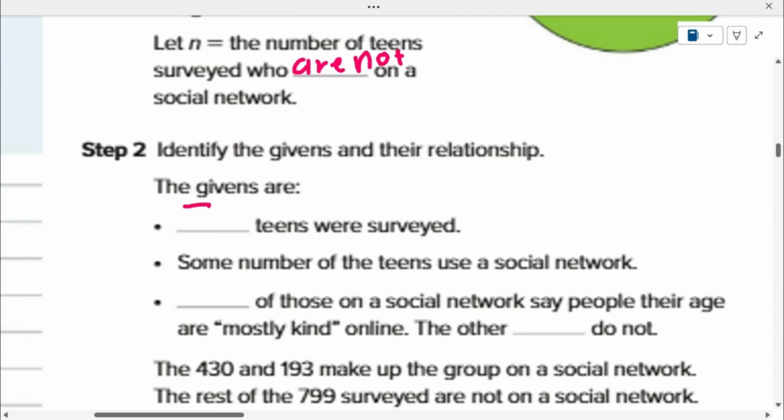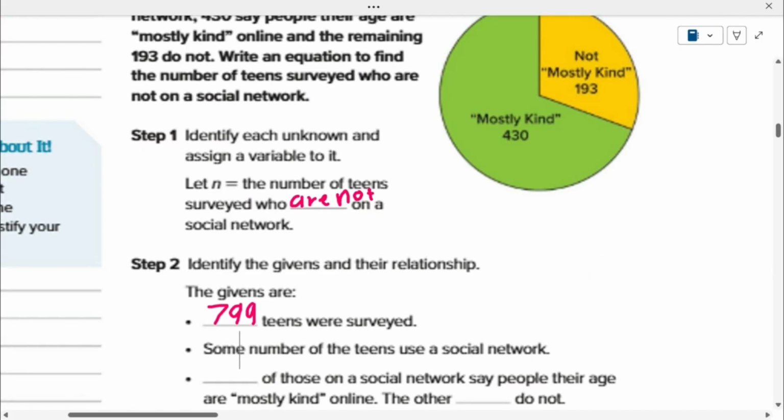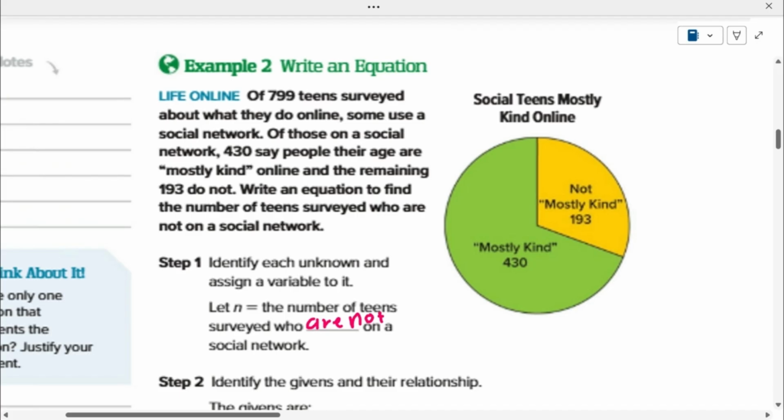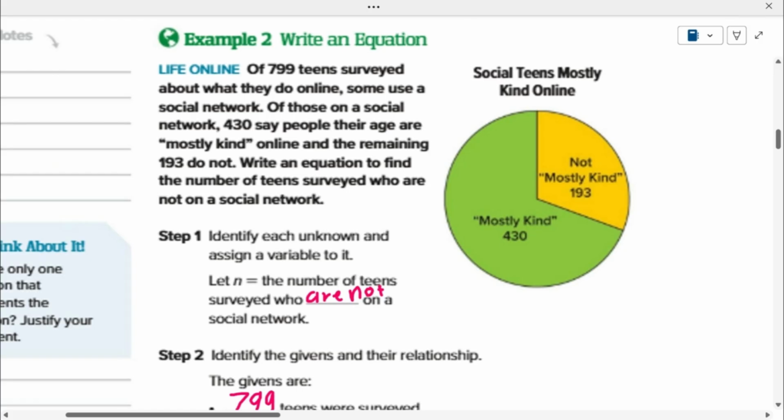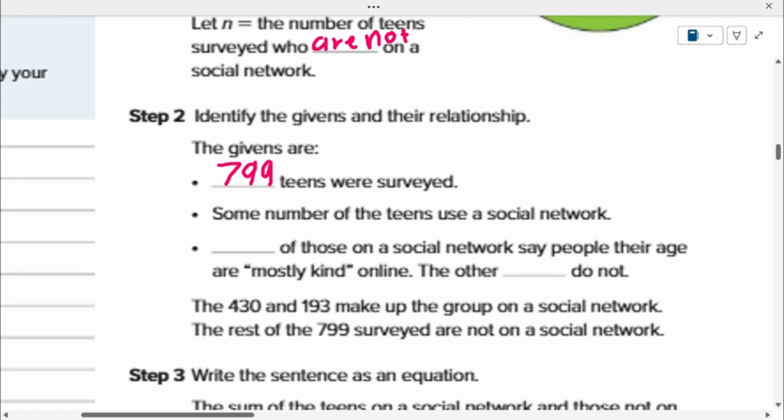So 799 total. And some number of the teens use a social network. Blank of those are on a social network. Say people their age are mostly kind online. So let's look back. How many said people their age are mostly kind? Looks like 430. So we're going to fill in that blank, 430.